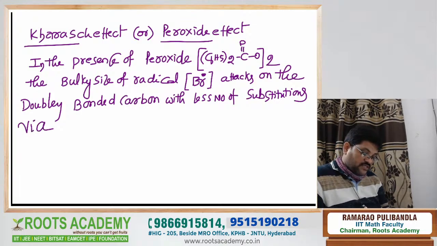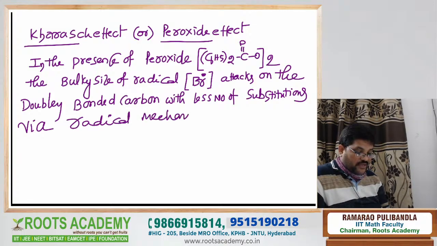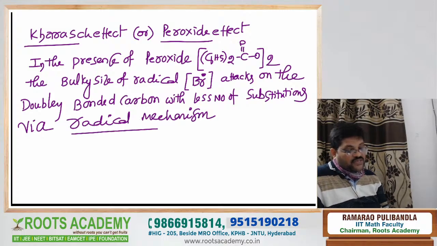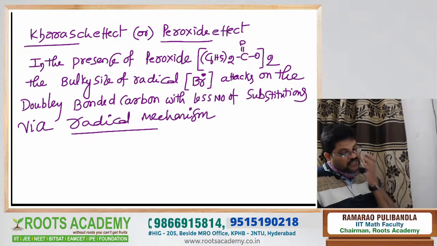Via what mechanism, students? Via radical mechanism. Understood what I am saying? So via radical mechanism, the reaction proceeds. That is called the Kharasch effect or peroxide effect.